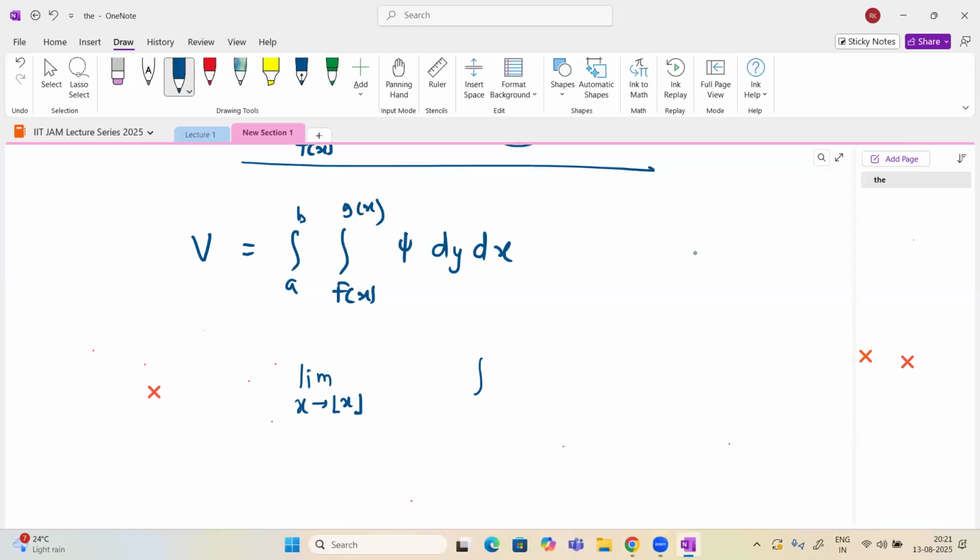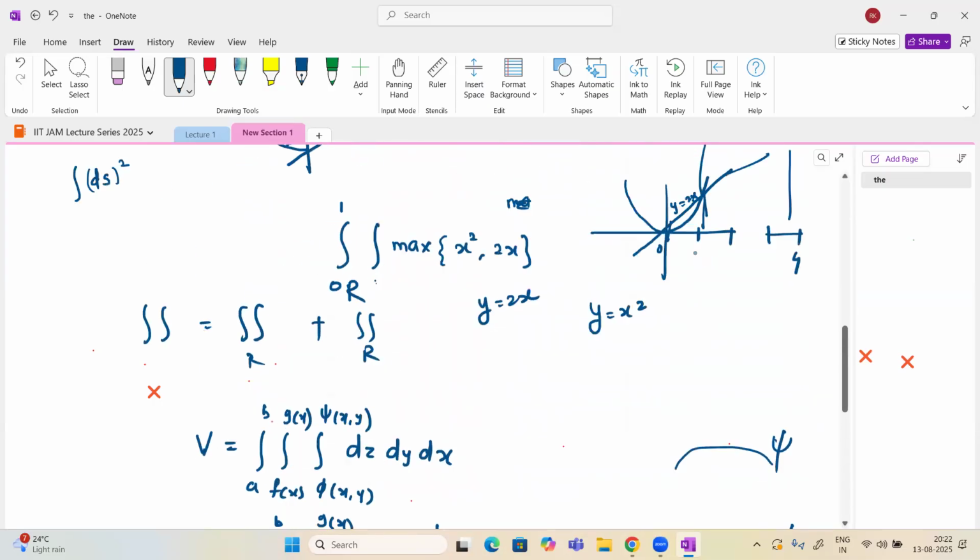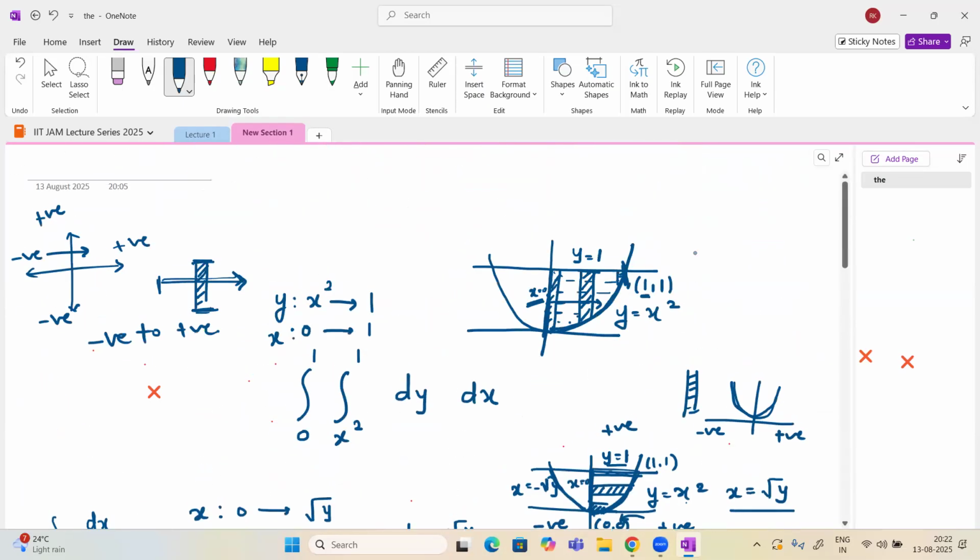Please repeat. In the previous question, there is a limit from x square to 1. Instead of x square, we can use the greatest integer of x. Then we can find the volume.